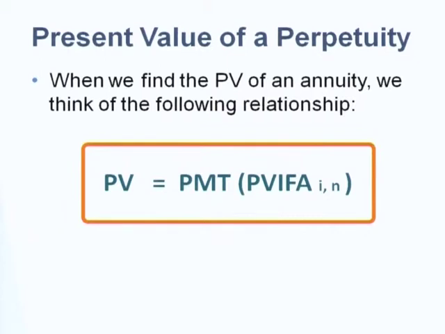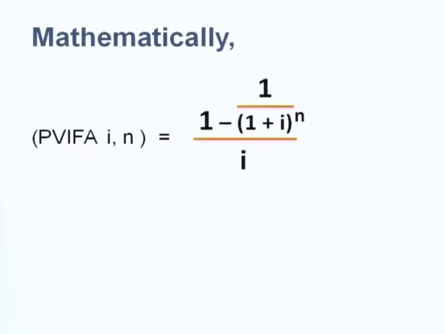Let's start from the formula of PV of the PMT. PV equals PMT times PVFA given I, N. This factor PVFA given I, N equals 1 minus 1 divided by 1 plus I to the power of n, divided by I. This is the formula.